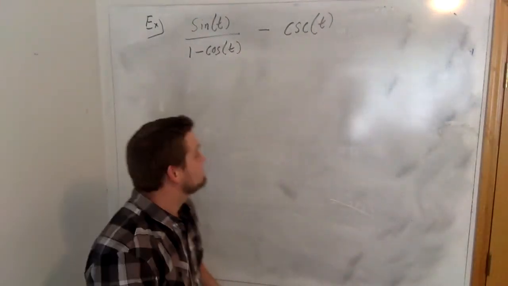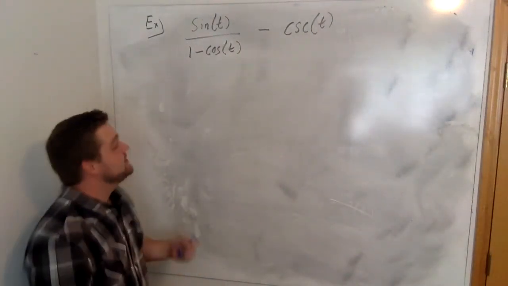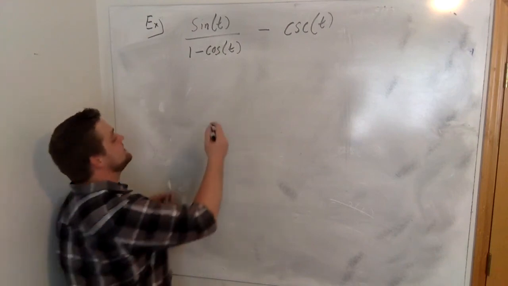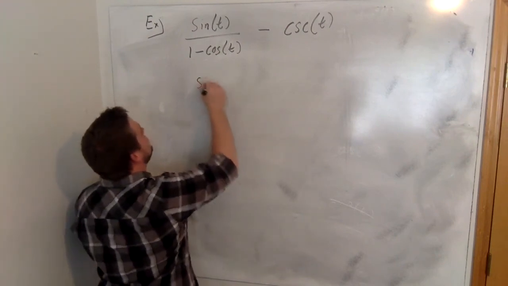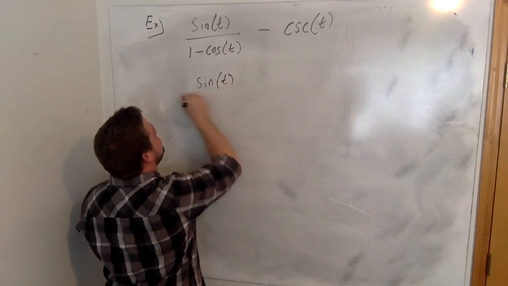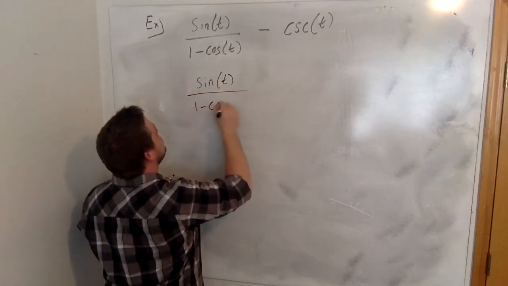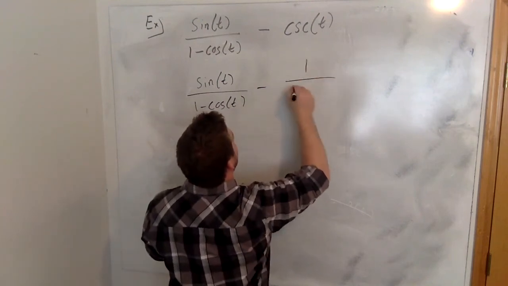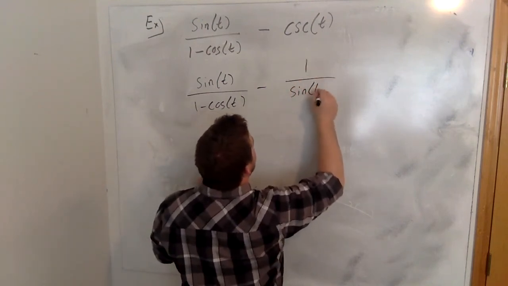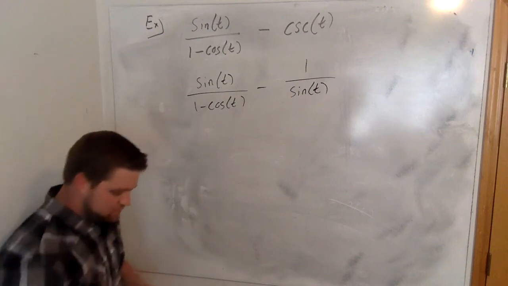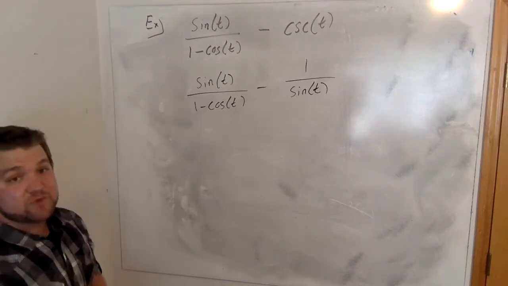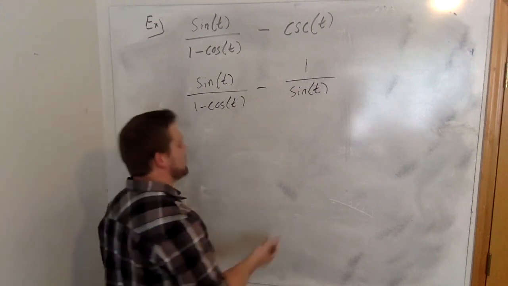Okay, let's do it. The first thing that's screaming at me is to add these fractions. I'm going to turn that cosecant into 1 over sine. So here we have a sine of t all over 1 minus cosine of t, minus 1 over sine of t. What we're going to need to do is add these fractions, so we need to find a common denominator.